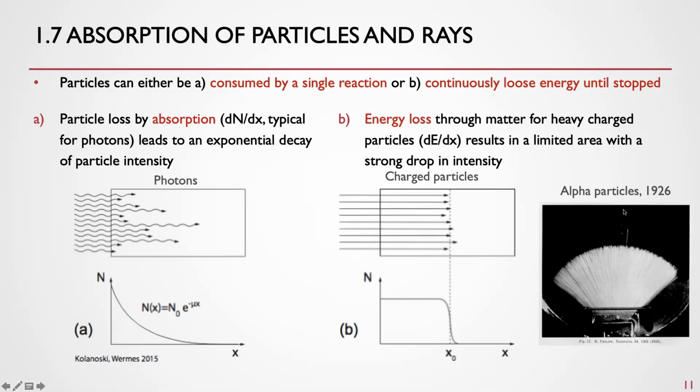You can see here an old image from 1926, alpha particles. These are heavy particles, of roughly 4 GeV and 2-unit charges, created all at the same energy from a radioactive source and penetrating a photographic plate, and one can see with extreme resolution, this is very high resolution, individual tracks and how the particles are stopped after their energy has been completely deposited.